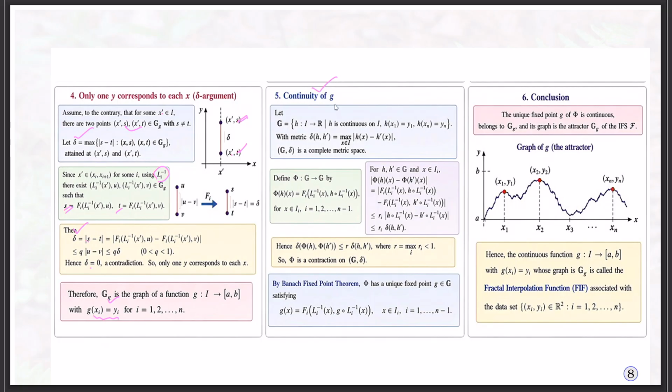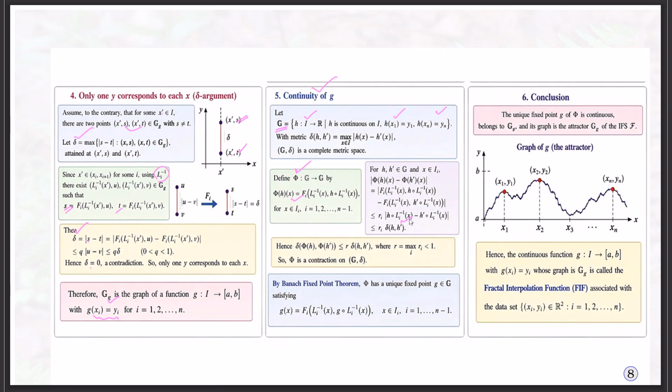Now the continuity of G is proved by defining the map H from I to R, where H is continuous on I and maps to the endpoints. Then we defined the mapping phi from G to G like this. This is a contraction mapping, so it has a unique fixed point.